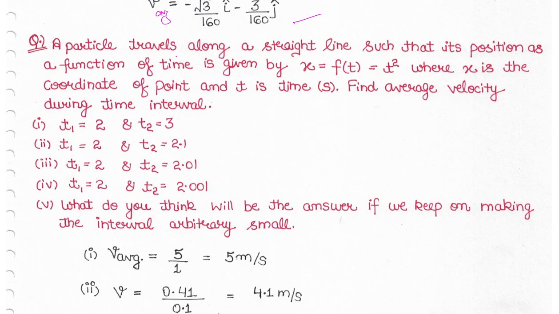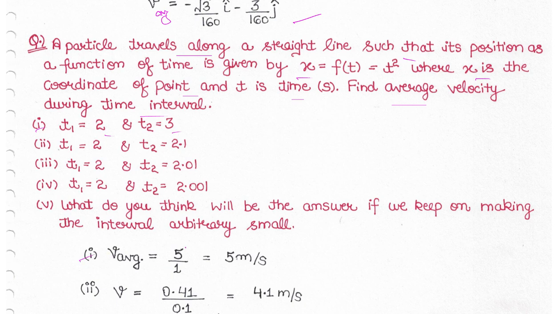If a particle travels along a straight line such that its position as a function of time is given by x = t², where x is the coordinate of the point and t is the time in seconds, then find the average velocity during the time interval t1 = 2 and t2 = 3.